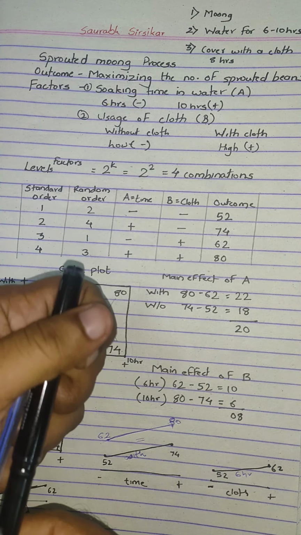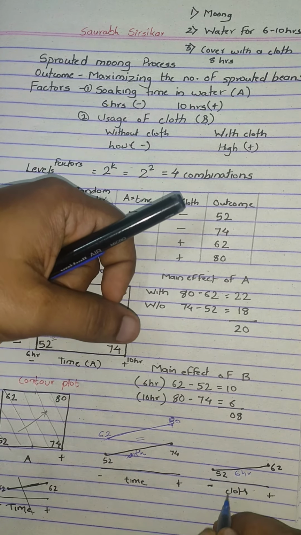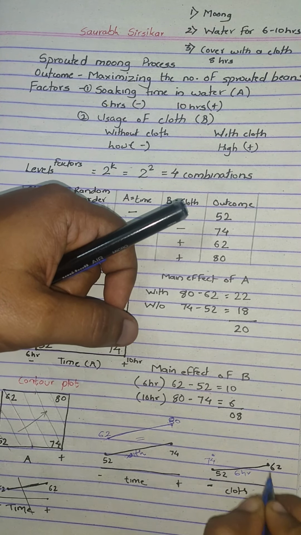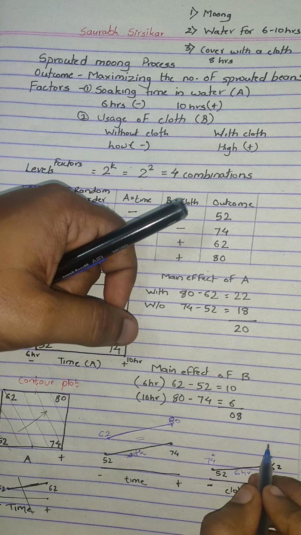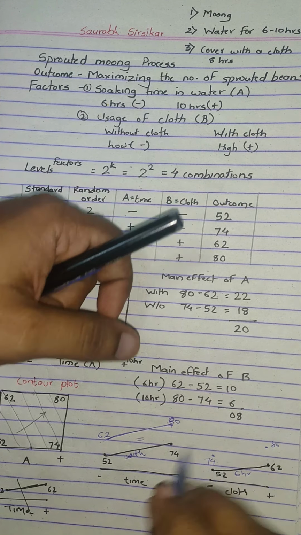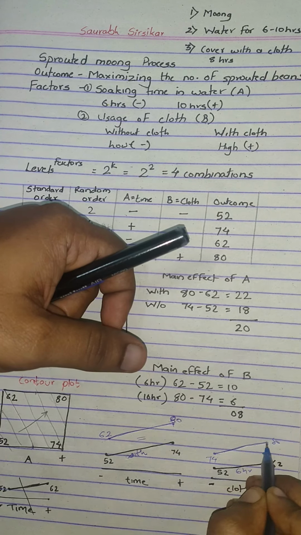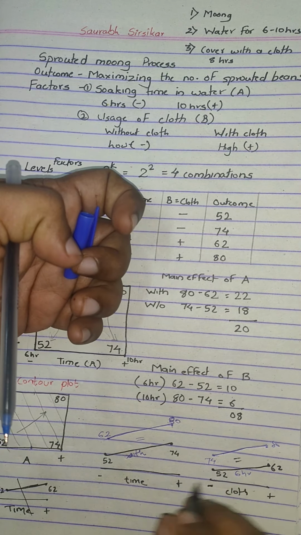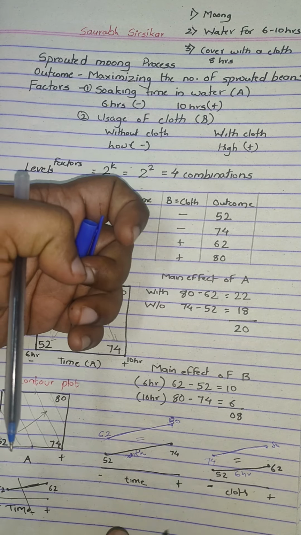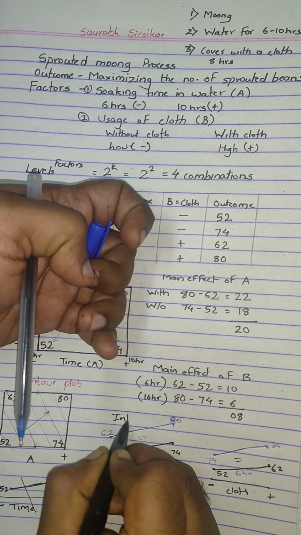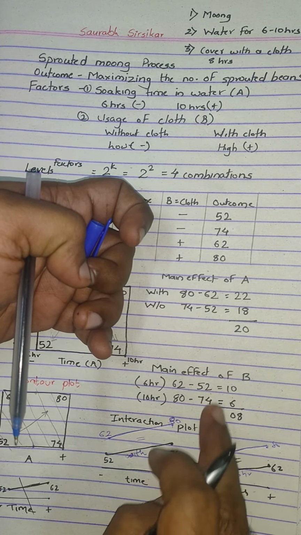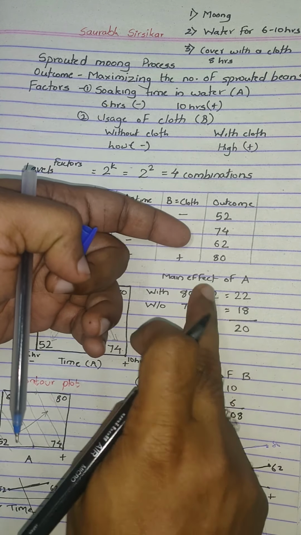And if I plot with the blue pen for the longer duration, this is 74 without cloth, and with cloth for longer duration, the reading is 80. If I join this again, I can see that these two lines are approximately parallel to each other. These charts are known as interaction plots, and in the interaction plot we can see that there is no such interaction between the factor A and B.